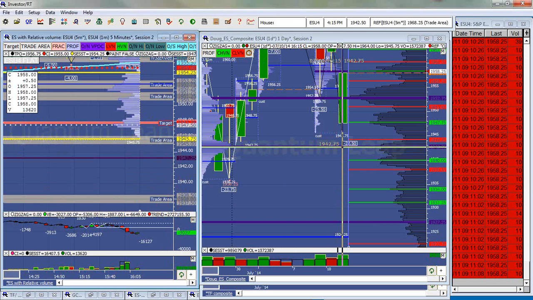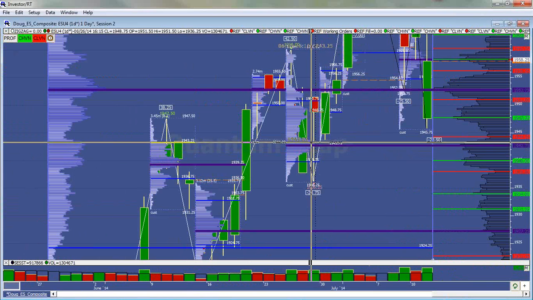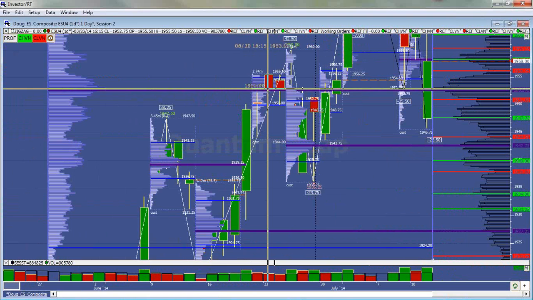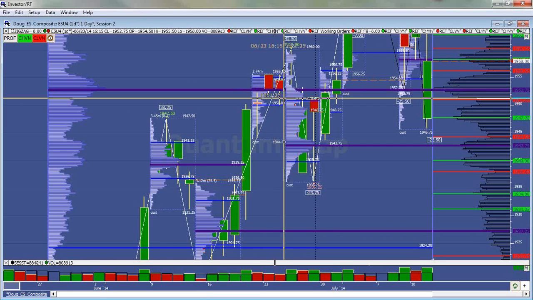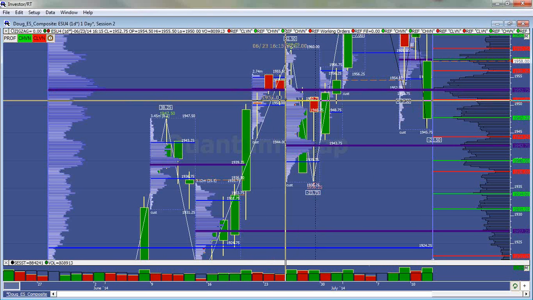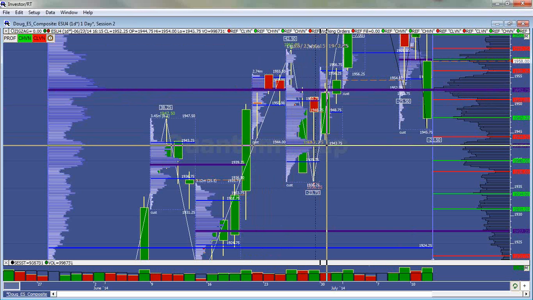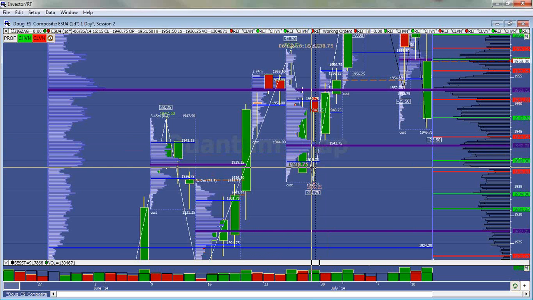And this is a big number because we haven't come down and tested this area. This area on the way up was important to us because it was where we came and accepted value, after failing to hold value at the 52.75. So think in terms of this: they couldn't hold value at 52.75 before, and they came down and found value at 42.75.